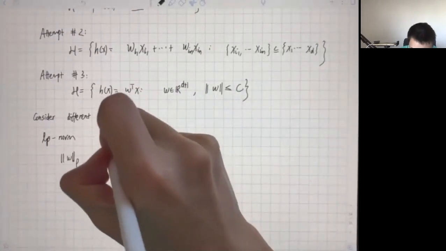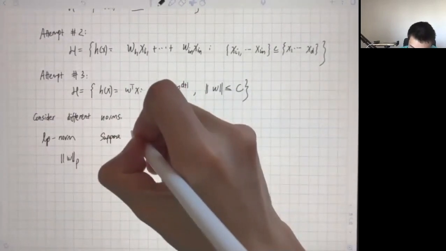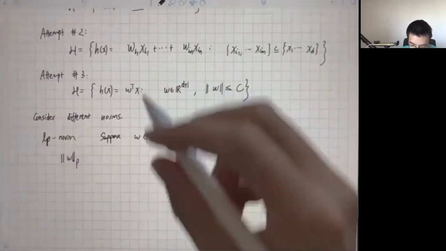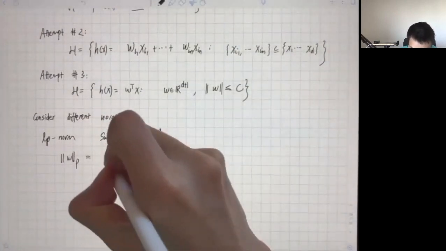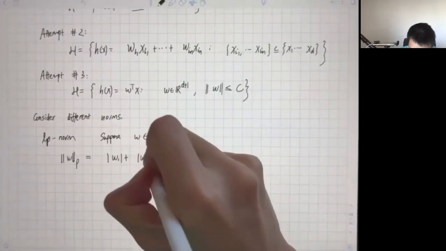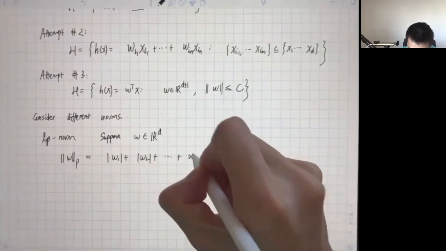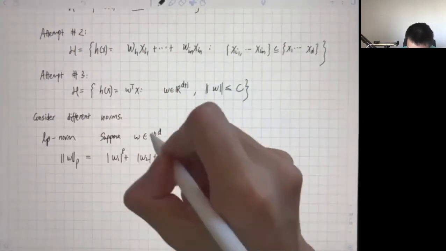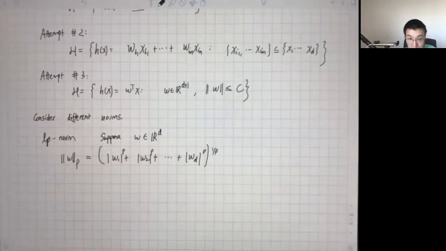Suppose W is in some vector space, D+1 or D. Then the LP norm is defined as the sum of the absolute values of W1, W2, up to WD, each to the power of P, and then to the power of 1 over P.